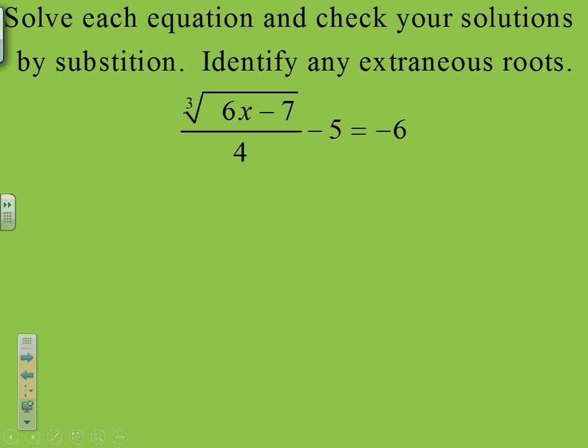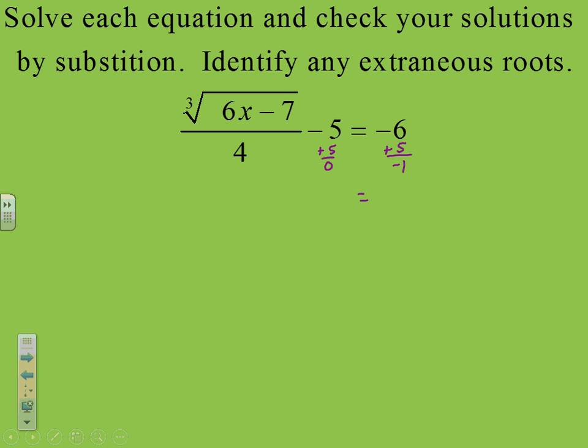The cube root of (6x minus 7) divided by 4, minus 5, is equal to negative 6. We're going to begin by isolating the radical symbol, just like we would normally. Get rid of the addition first, and then take care of the division by 4. Those are opposites and cancel, and negative 6 plus 5 is negative 1.